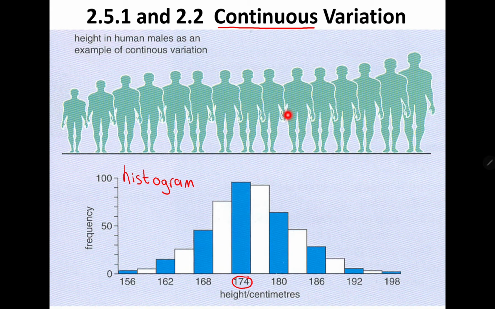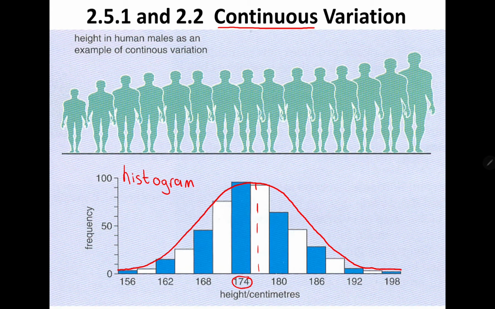Now, if I was just to draw a line along these heights roughly, you'll see that it actually creates a curve shape. This curve you may hear referred to as a normal distribution or a bell-shaped curve. Most people are found around the center, so most people are going to be, in this case, around 178 centimeters tall.